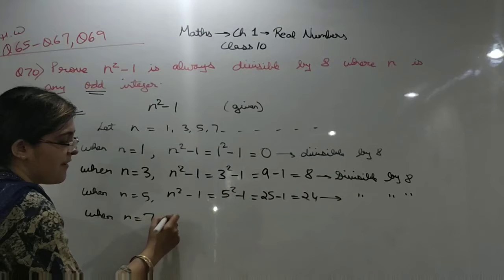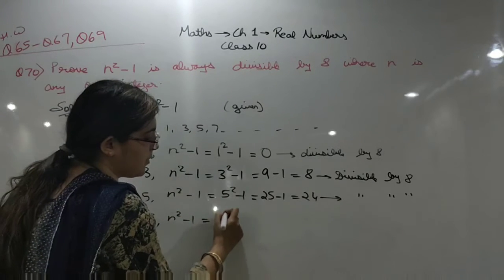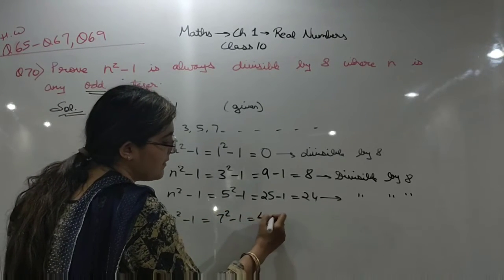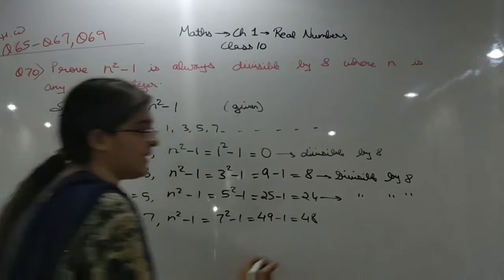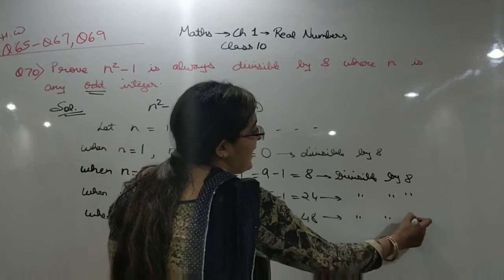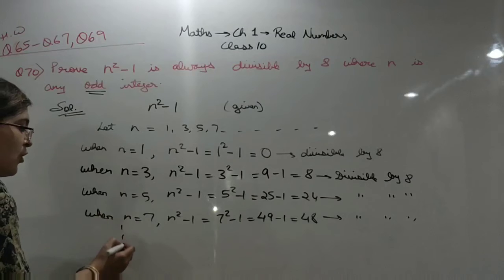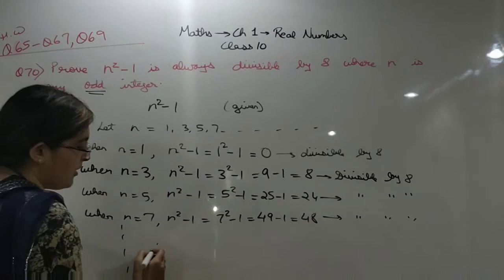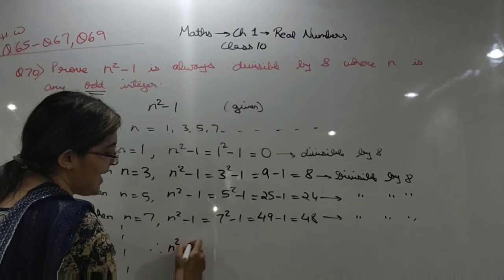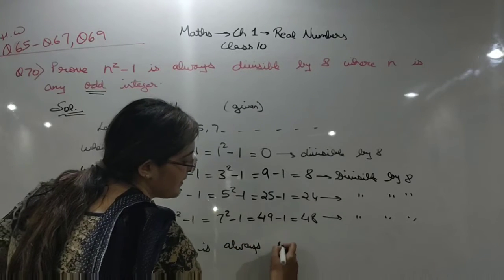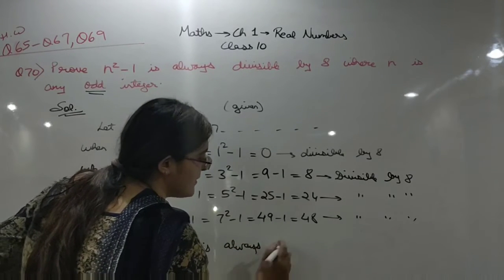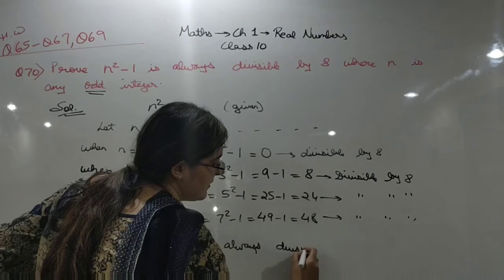When n is equal to 7, n square minus 1 will be equal to 7 square minus 1. 49 minus 1, 48. 6 8s are 48. It is also divisible by 8. Clear? And we will go on. Therefore, what we can say, n squared minus 1 is always divisible by 8.